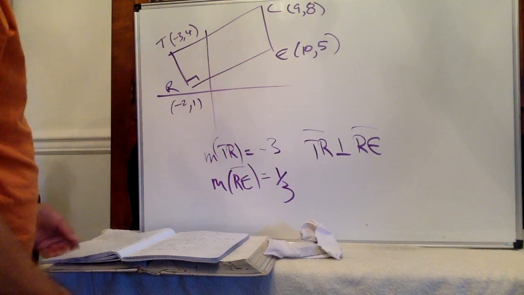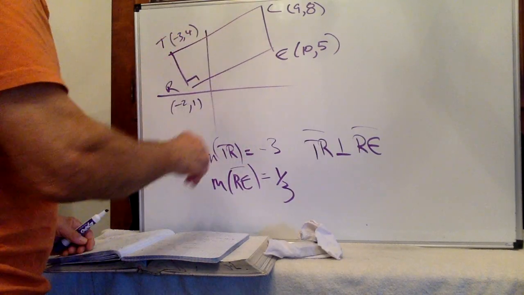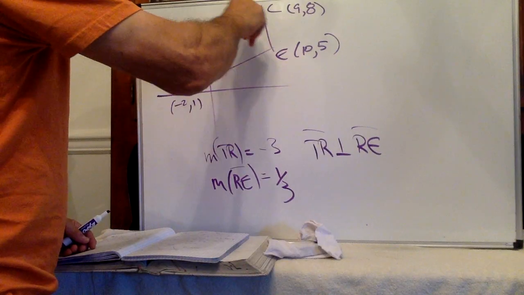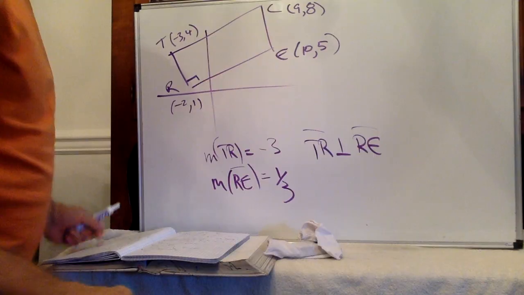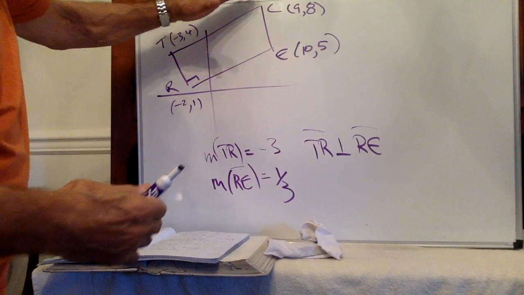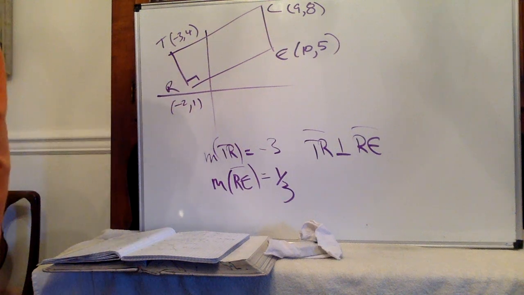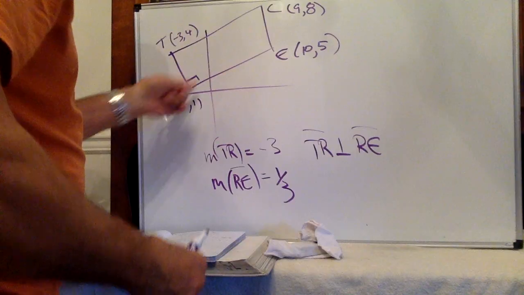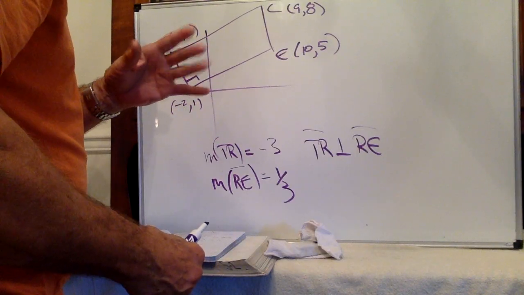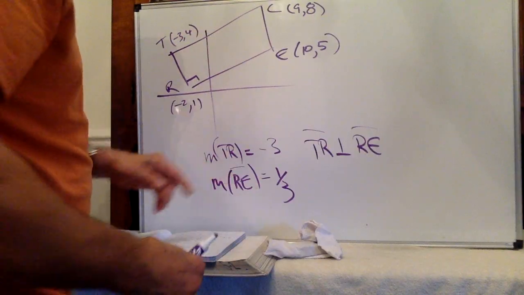Their slopes are negative reciprocals. Actually, you could say that about every angle. These all four are going to end up being right angles because the two lines always intersect and their slopes are negative reciprocals. Excuse me, RE and TC had a slope of 1/3.